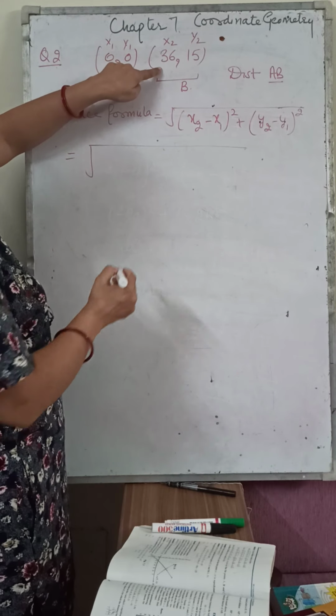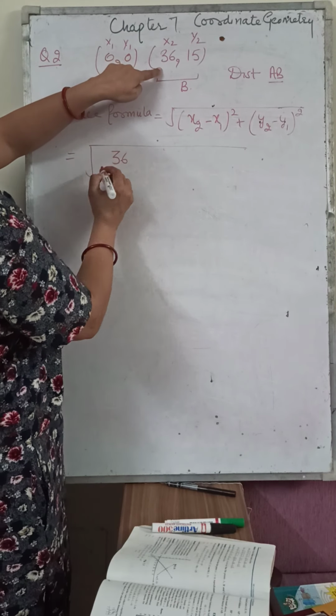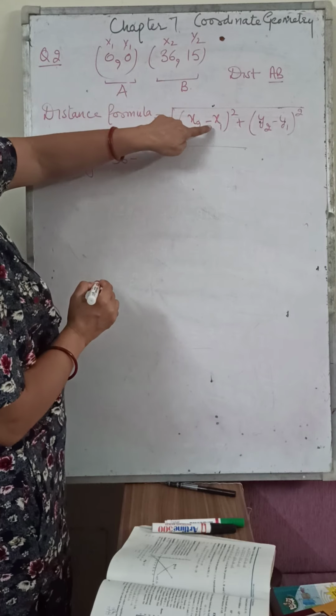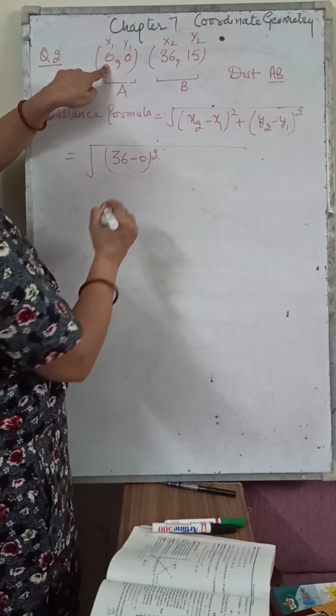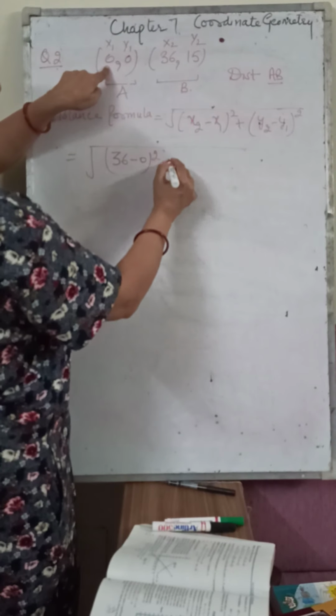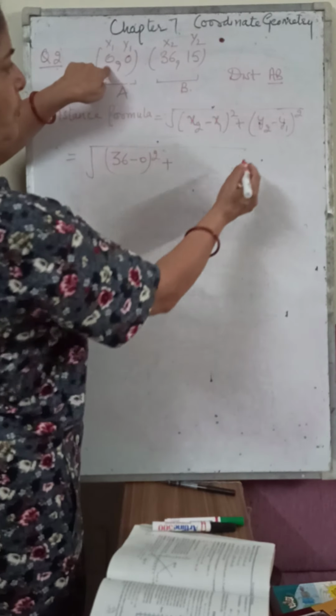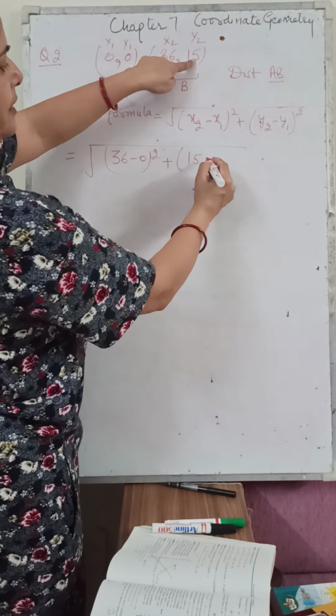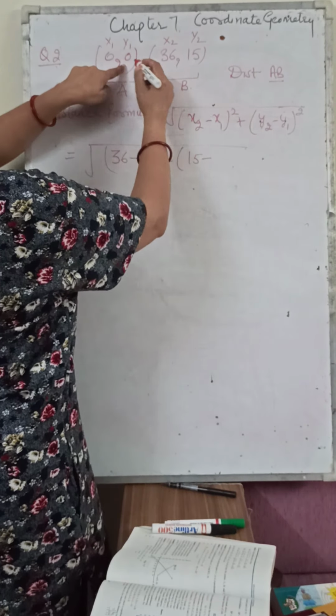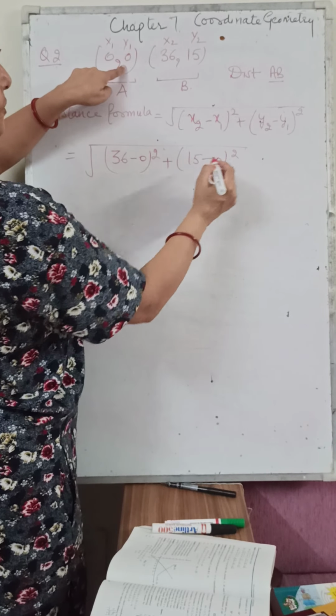What is x2? 36 minus, what is x1? 0, whole square, plus, what is y2? 15 minus, what is y1? 0, whole square.